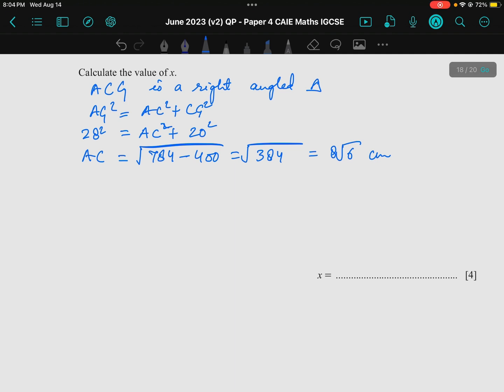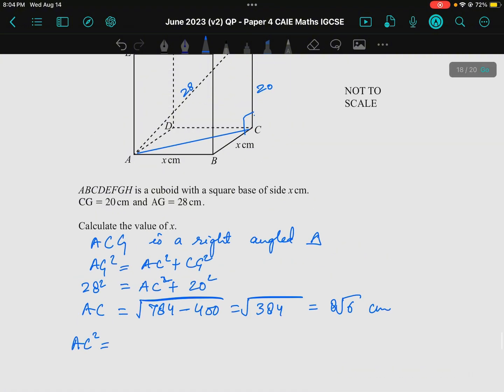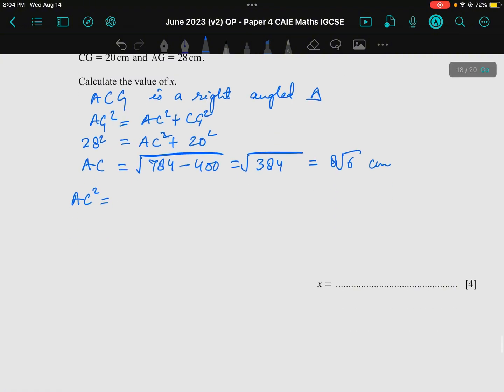Now AC square is also AB square plus BC square. So 8 under root of 6 whole square equals x square plus x square. So 2x square equals 384.